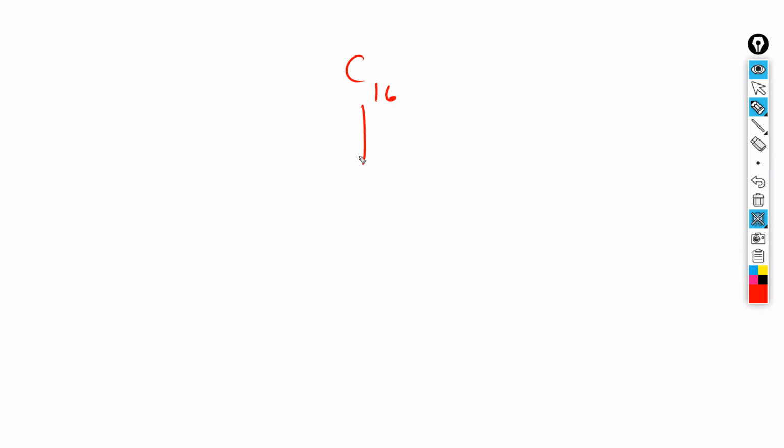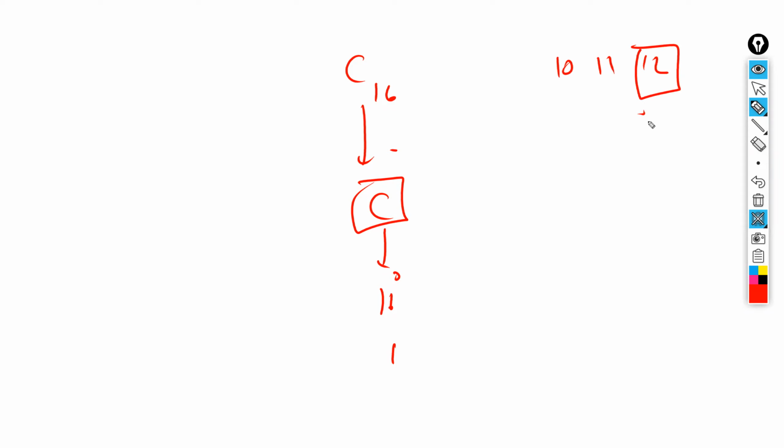How does this value come? C. This is 16^0 because there is only a 1. C means what? We know what the value of C is: counting 10, 11, 12, the value is 12.